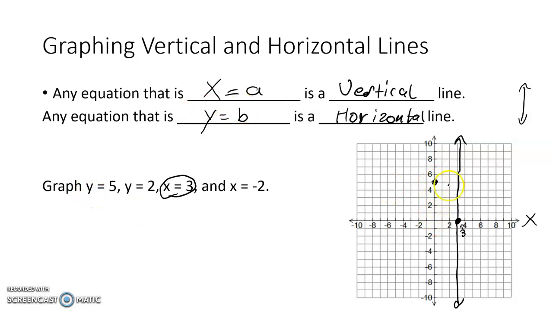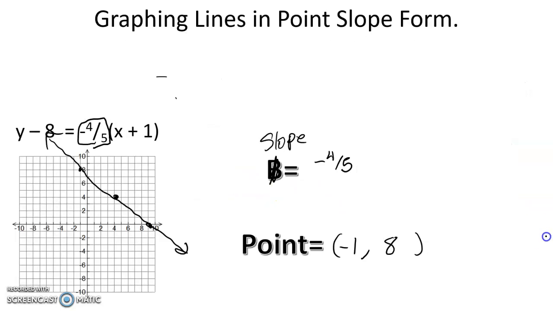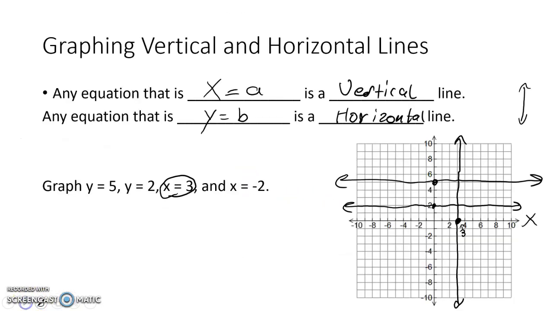It's going to be a horizontal line, straight across like this. y equals 2, go up to 2 on the y and go horizontal, just like the last one. And the last one, x equals -2. I'm going to go over to -2 on the x right here, and do a vertical line, straight up and straight down. Okay?